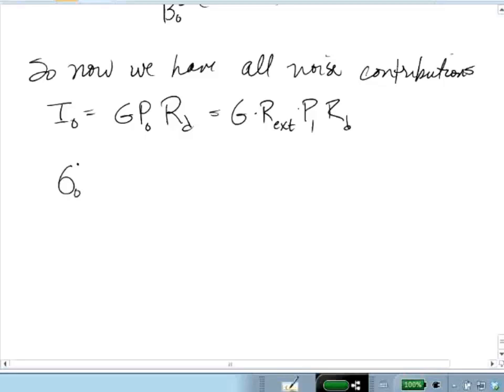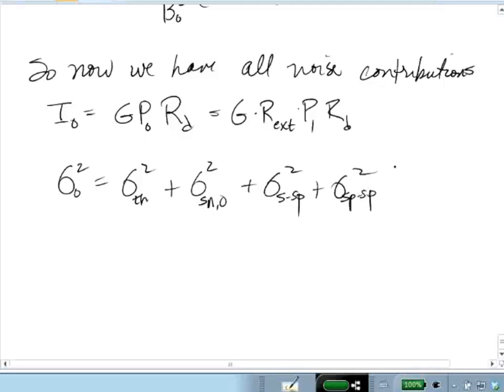Sigma 0 squared, the noise variance when a 0 is transmitted, would be the thermal noise, plus the shot noise when a 0 is sent, plus the signal spontaneous noise, plus the spontaneous noise, which we found equations for previously.